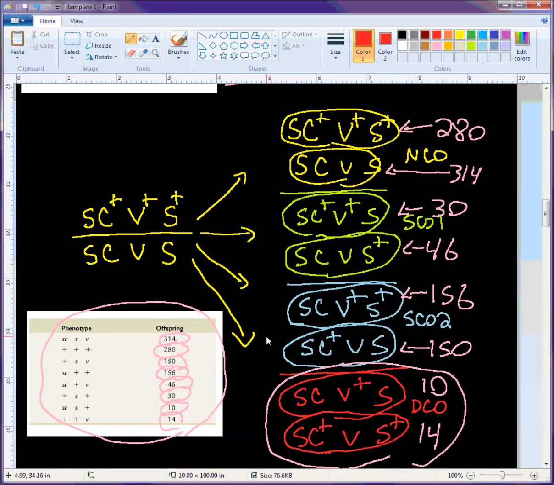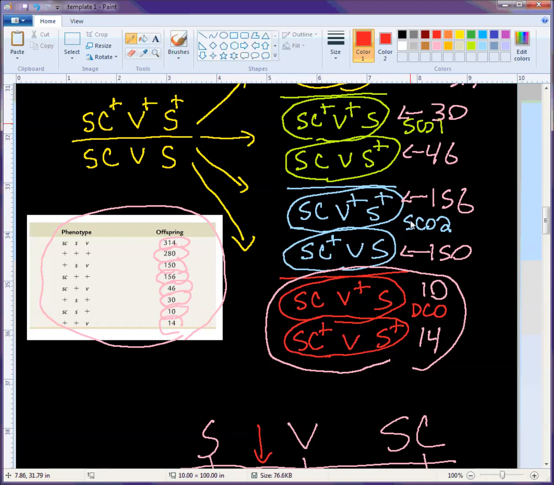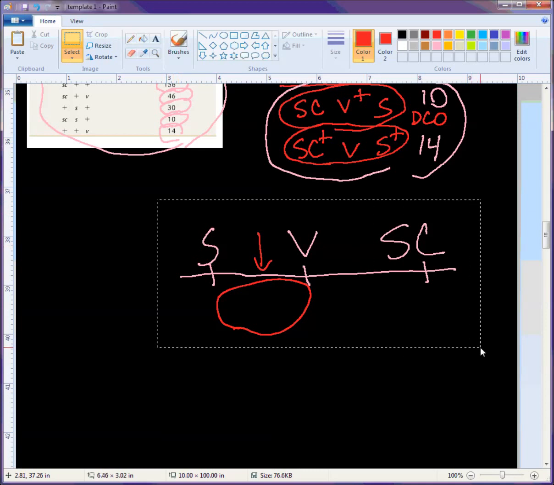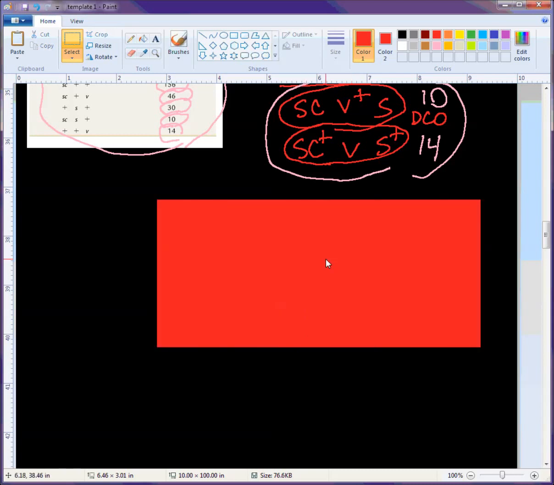Which classes, I should say, involved a crossover between S and V? I messed up with this. I reversed the order of the alleles here, and that's going to be confusing. So I'm just going to go back to put SC in front. So I'm going to cut this out of here. Oh, I didn't want that to happen. Okay.